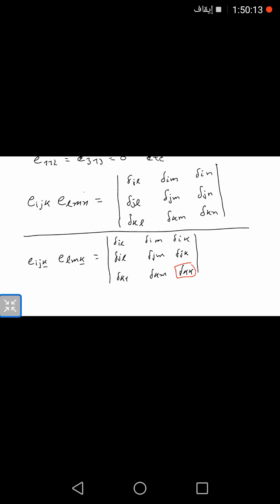As we know, in this case, the repeated index k implies a summation over all values of k.